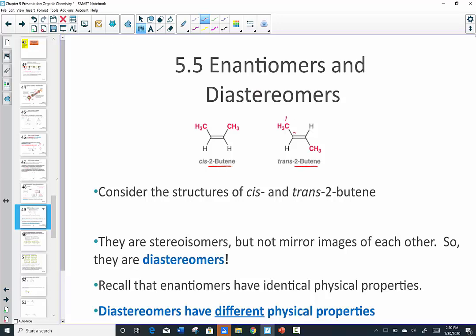We have 4 carbons bonded in the same order, and yet spatially they are very different. If these groups are on the same side of the pi bond, we call those cis, and if they're on the opposite side of the pi bond, we call those trans. Clearly they are stereoisomers. Those are atoms that are bonded in the same order, but in a three-dimensional way, they're not connected the same. So they're not mirror images: diastereomers.